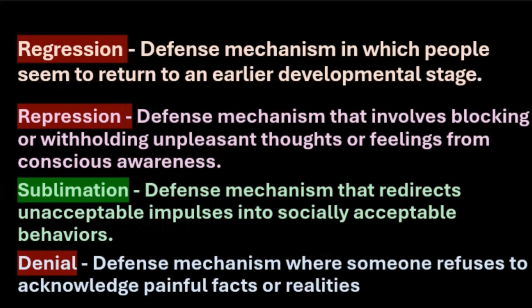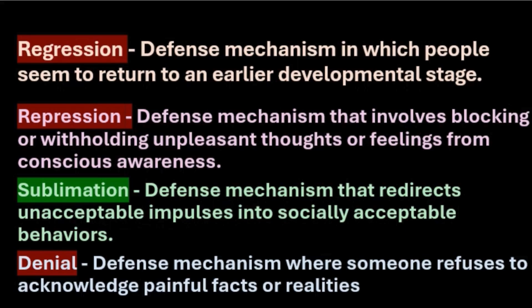So they don't want to remember some unpleasant experiences in the past, so it will be repressed. Sublimation is the one in which unacceptable impulses are transformed into socially acceptable behaviors. So this is the right answer here. Denial, of course, that is a defense mechanism where someone refuses to acknowledge painful facts or realities.